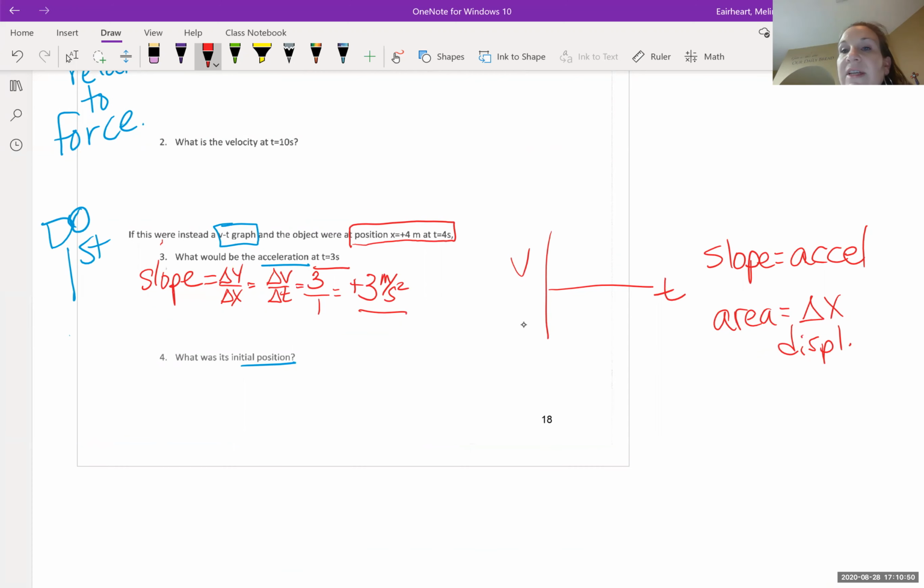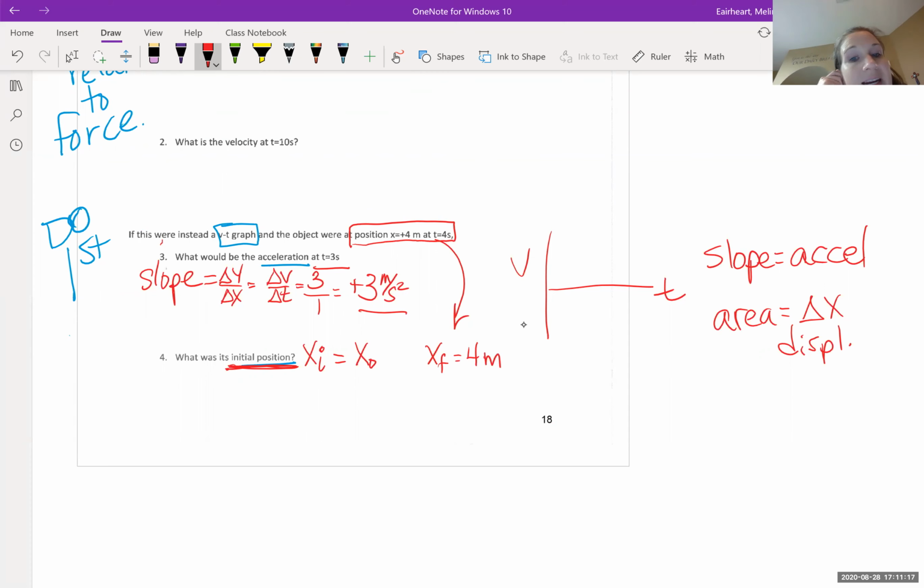And then number 4 says, what is the initial position? So initial position is when it's at 0 seconds. So when the timer begins, where is it? They told us that it was at 4 meters at 4 seconds. So what if I call final position 4 seconds? No, 4 meters.